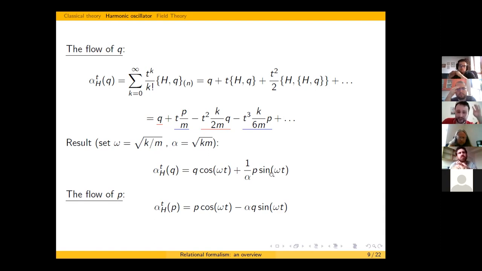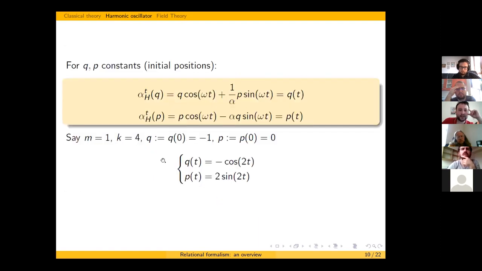This is not approximation. So doing the same with the flow of P, we get this other one. And of course, you see from this that I show here, these Q and P are just constants, namely just a point from where we start. And if we treat them as what they are, this flow is just Q of T, namely just the solution of the Euler-Lagrange equation, with initial position this.